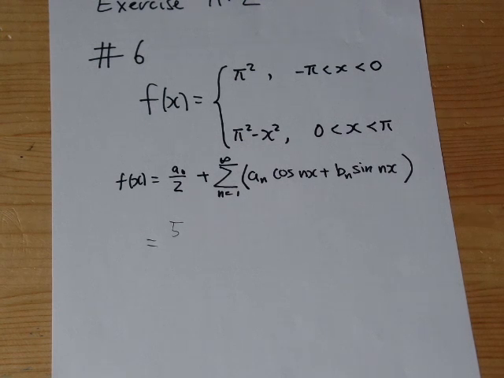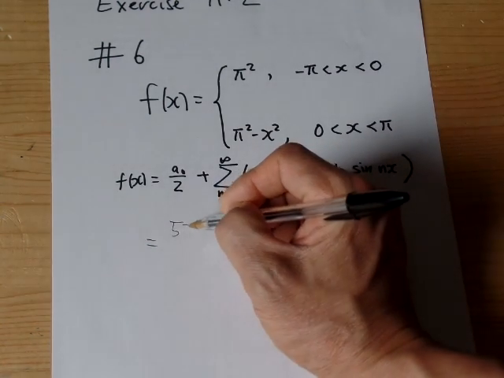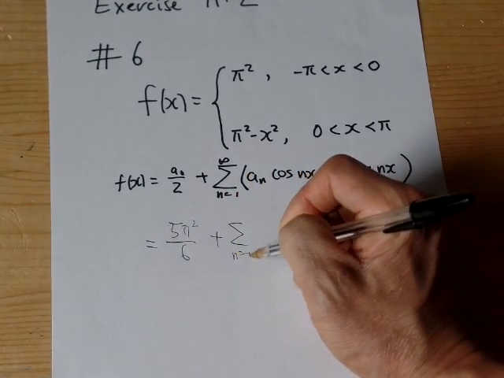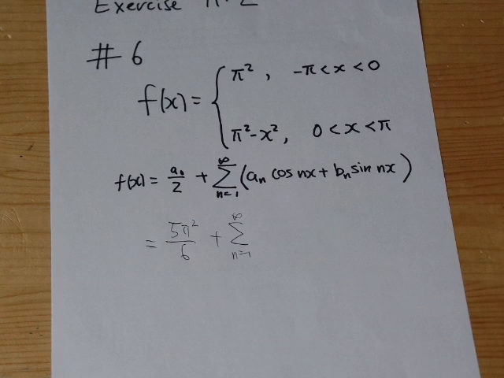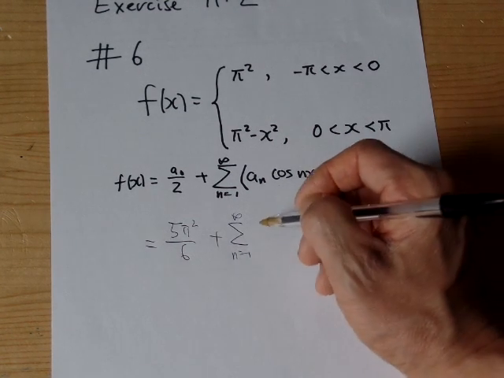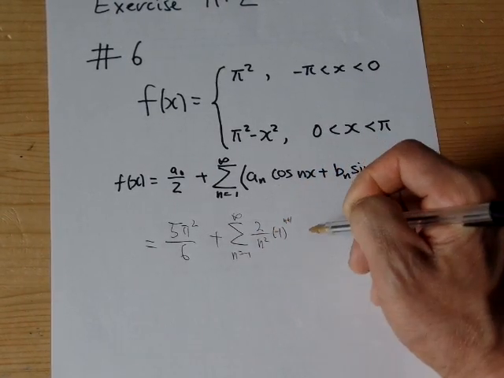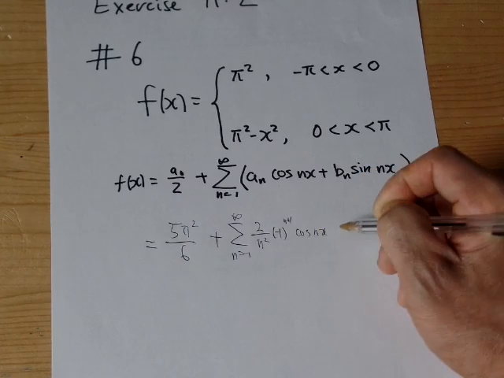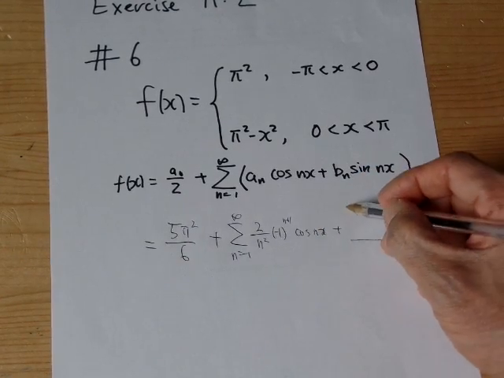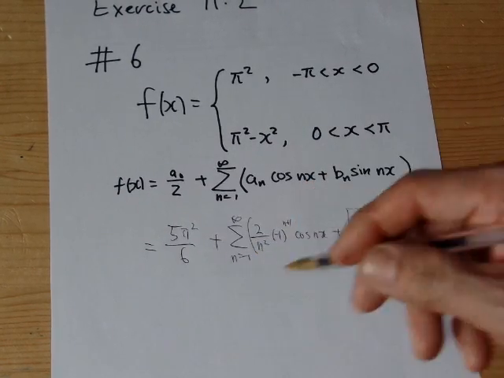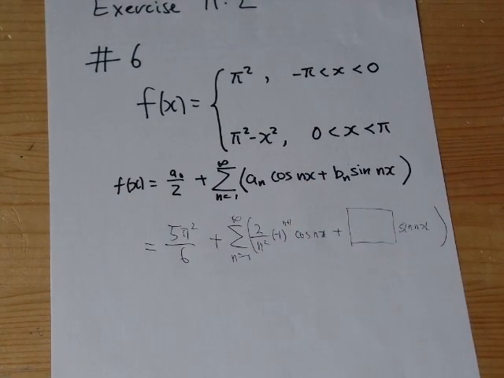So that's going to be 5 pi squared over 6 plus, an is going to be 2 over n squared, minus 1 to the n plus 1. So 2 over n squared times minus 1 to the n plus 1 cosine nx. I don't know what Bn is. You fill that in. It's going to be some big ugly thing, sine nx. And then that's your Fourier series for f of x.